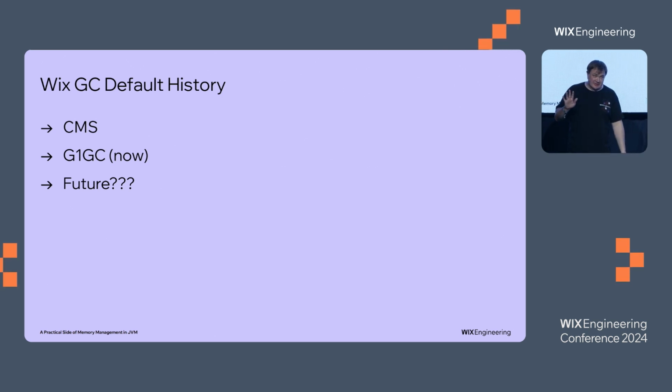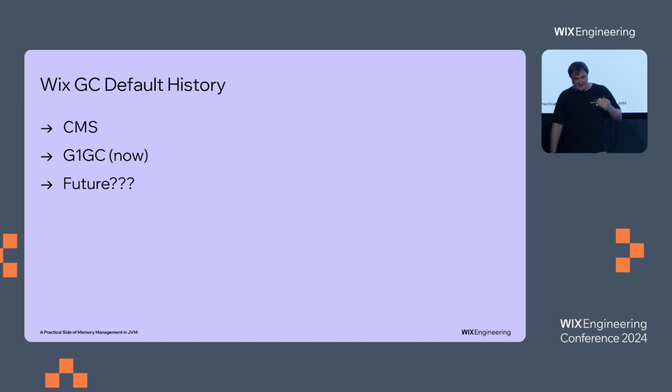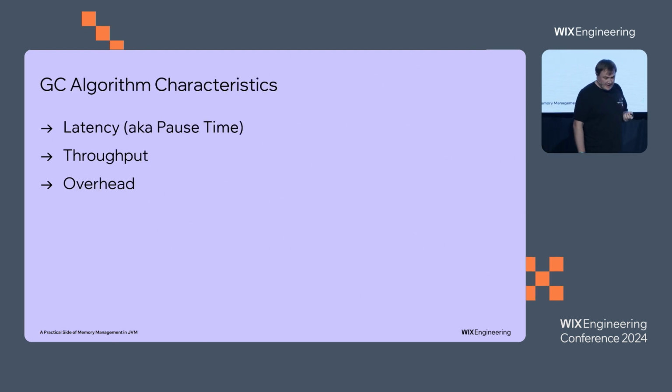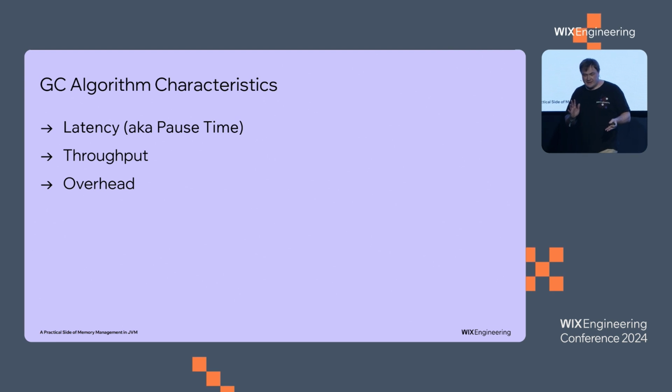At Wix, we historically used CMS a long time ago, and then when we switched to JDK 11, we switched the default to G1 GC. So what are the criteria for how we choose a garbage collector?